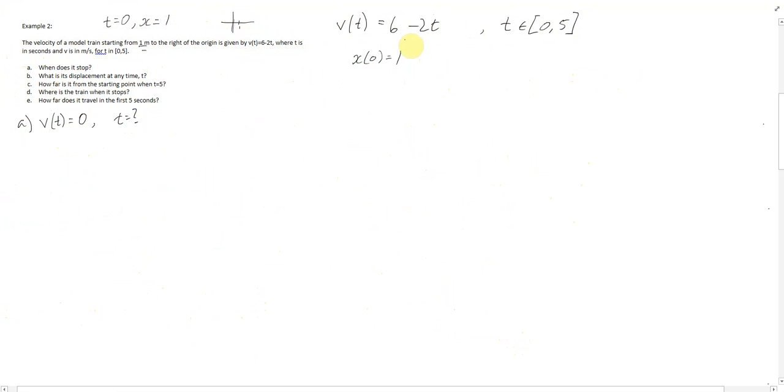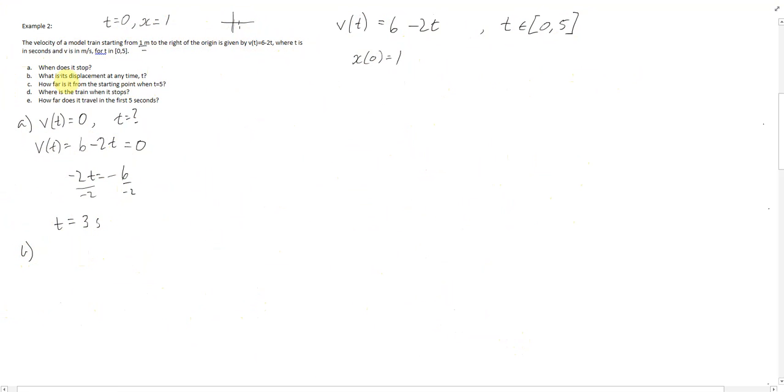So let's write down our equation, v of t, which we already know, it's over here, 6 minus 2t, and that has to equal 0. So v must be 0. So let's find out what t must be. Take away 6 from both sides, minus 6, divide both sides by minus 2, gives us t equal to 3 seconds. There we go, done. When does it stop? It stops after 3 seconds.